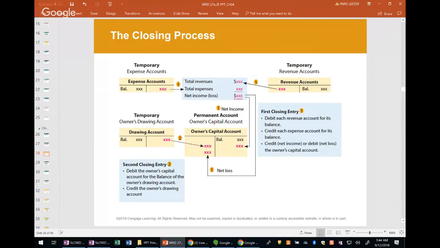To get rid of it, to give it a zero balance, what would you have to do with it? Debit. Expenses have a debit balance. What would you have to do to get rid of it? Credit. That's what a closing entry is. You close out all these accounts. In some books, it's the last step of the accounting cycle, but some books have reversing entries, which is the last step.